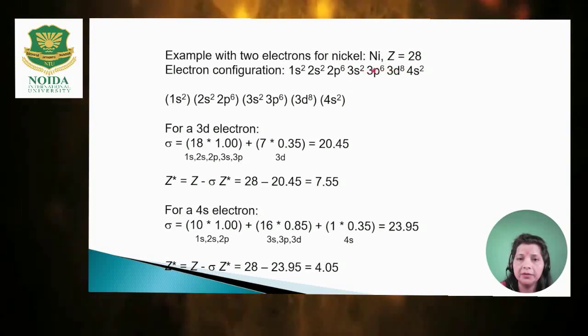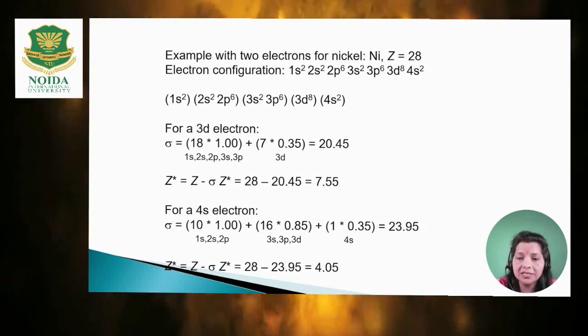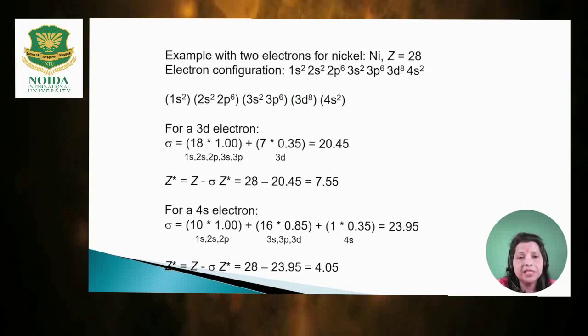So this is 8 plus 2, 10, and 6, 16. 16 multiplied by 0.85 is the calculation for n minus 1, and the 10 electrons are multiplied by 1.0, so the result is 23.95. So the effective nuclear charge for the 4s electron in nickel will be 28 minus 23.95, that is 4.05. So this is the way you can use the Slater rule for the calculation of the effective nuclear charge.